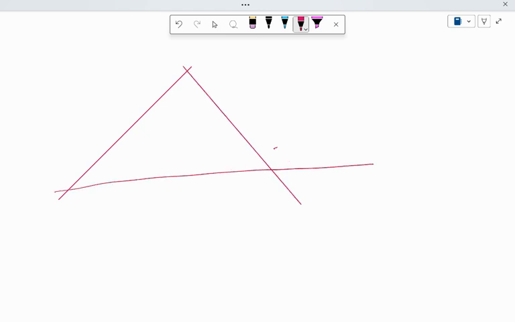So, next question. We want to try some problems using parallel lines and corresponding, alternate and vertically opposite angles involved in the calculation. Suppose I have a triangle and I have parallel lines running across it.